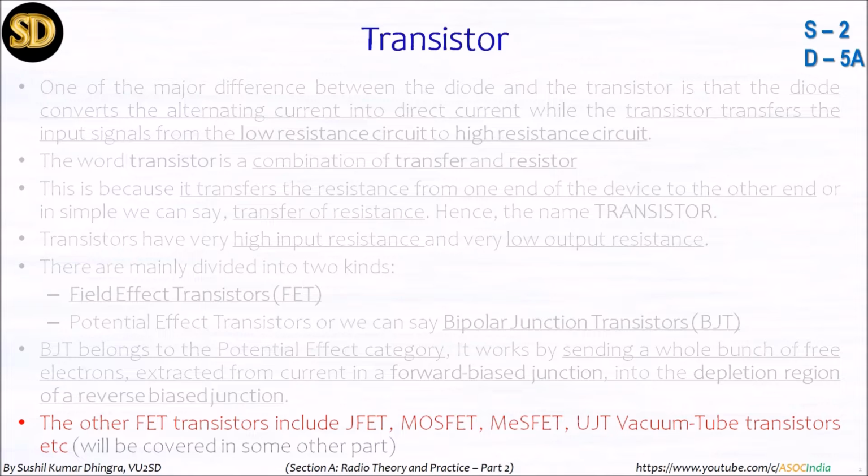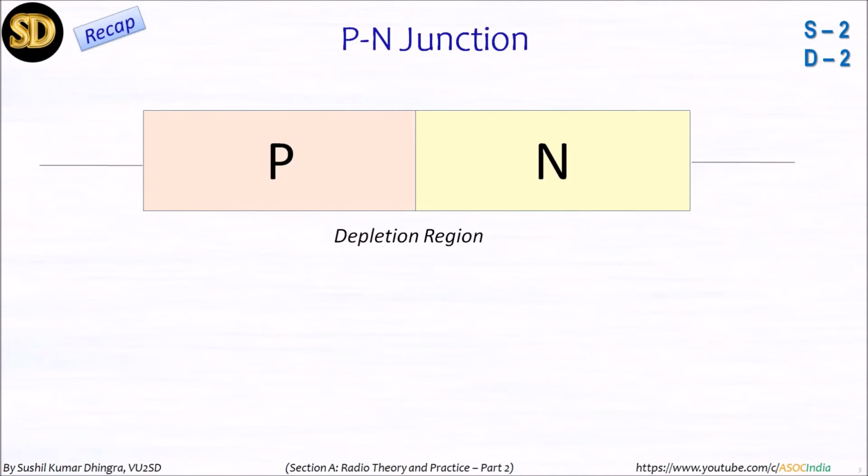Before I continue, you have to remember I have taken a session on the PN junction. We can connect P and N junctions together. Because the majority carriers are opposite, they attract toward the center and neutralize each other, and the moment they neutralize each other, a barrier comes out.